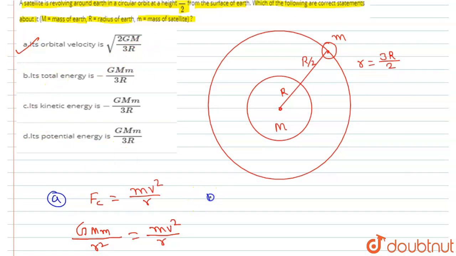Now coming to the B part of this question. Total energy is equal to this. As we know, total energy is equal to potential energy plus kinetic energy. So total energy is the gravitational potential energy plus the kinetic energy, clear?